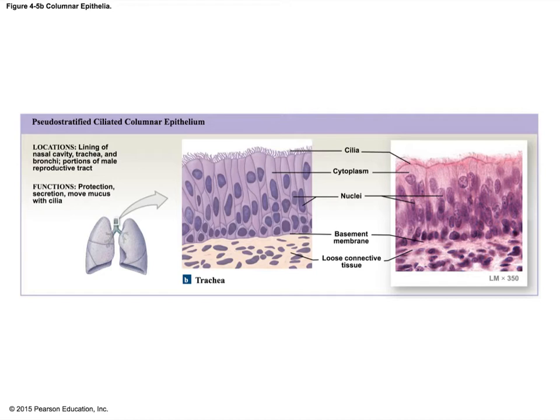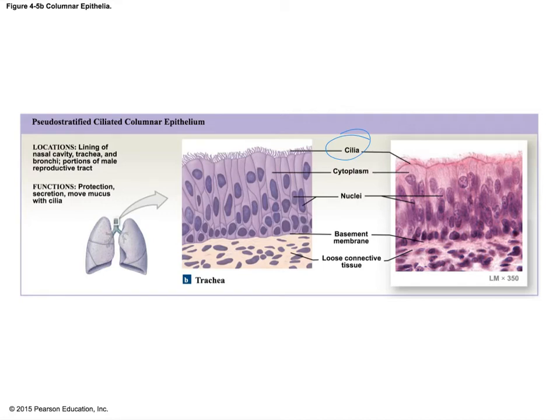All right, the pseudostratified ciliated columnar epithelium. This is where the cilia are located versus the microvilli. Cilia is more of a hair-like projection. Microvilli is actual tissue. So pseudostratified, if we're talking more about etymology here, pseudo means fake or kind of not really.